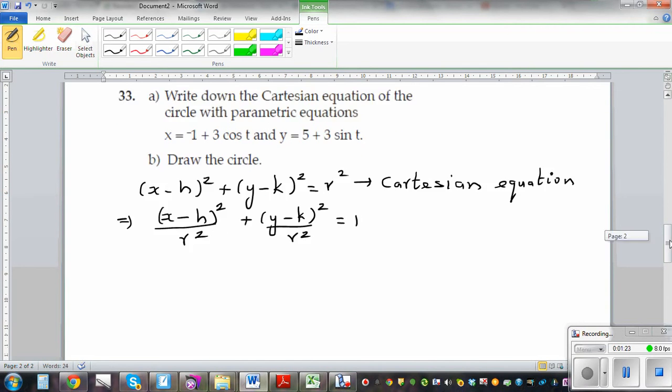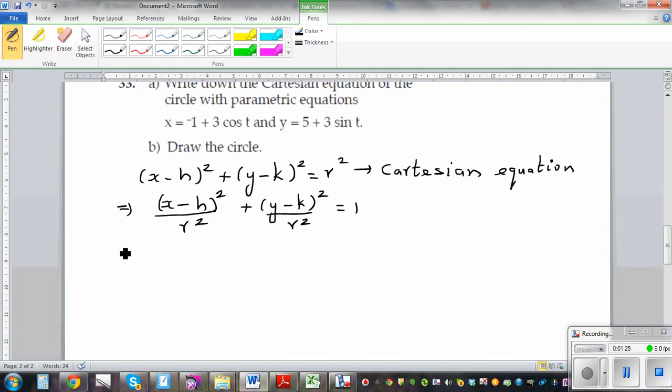So this is the same as writing ((x minus h) over r) squared plus ((y minus k) over r) squared is equal to 1. Now this is a form which can be used for a trig form.